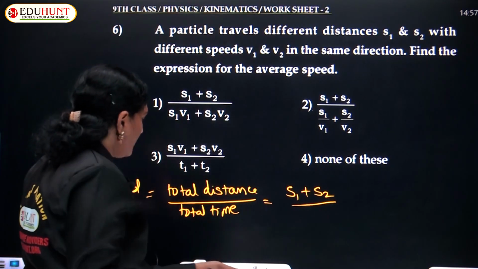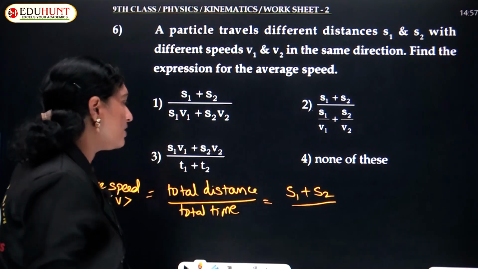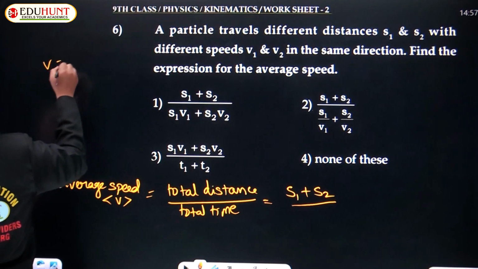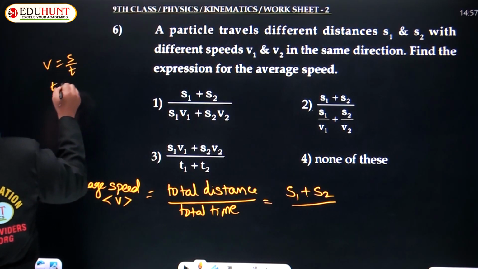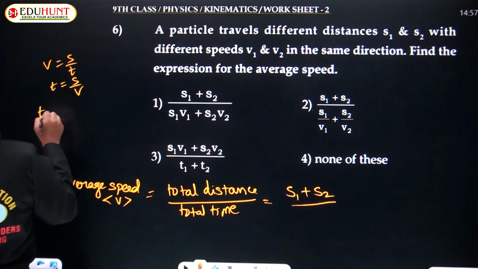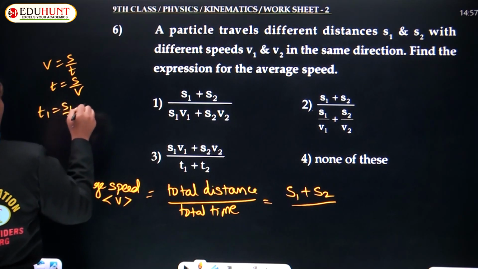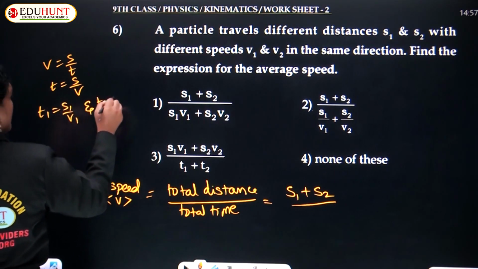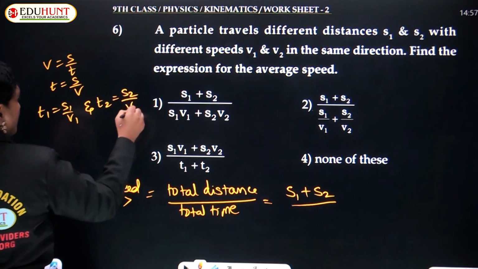But here time is there, speed is not there. We know speed equals distance by time, so time must be equal to S by V. This implies T1 is equal to S1 by V1 and T2 is equal to S2 by V2.